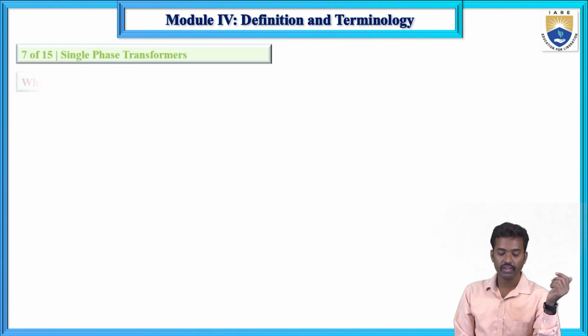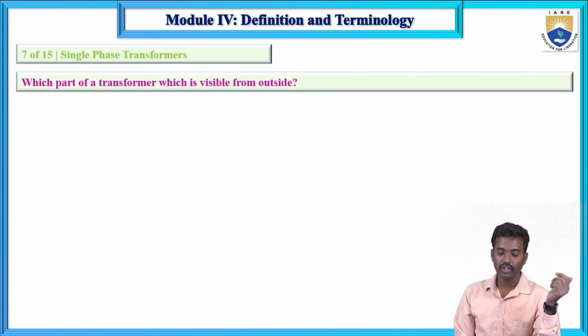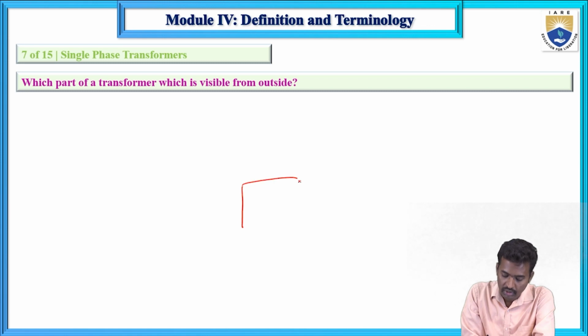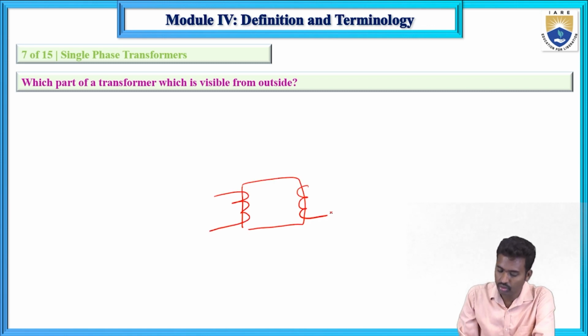Next, the seventh one. Which part of the transformer is visible from the outside? What are the visible parts of the transformer outside? Only windings, yoke and core.